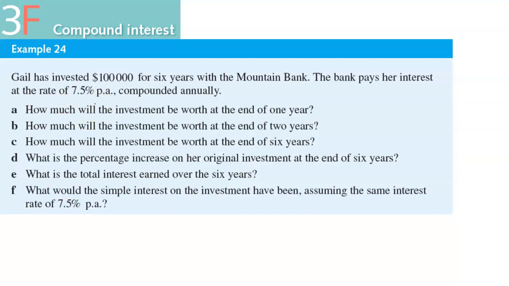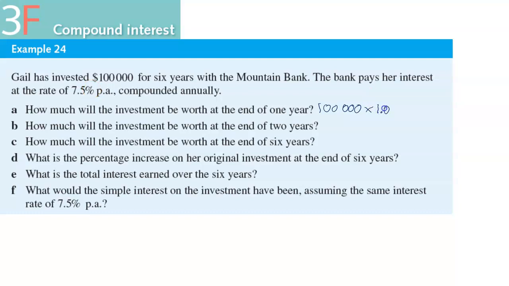Annum means year. Okay, so how much will it be worth at the end of 1 year? So we take the initial amount, which is 100,000, and this is our 100%. We're adding on 7.5%, so we end up with 107.5% altogether.